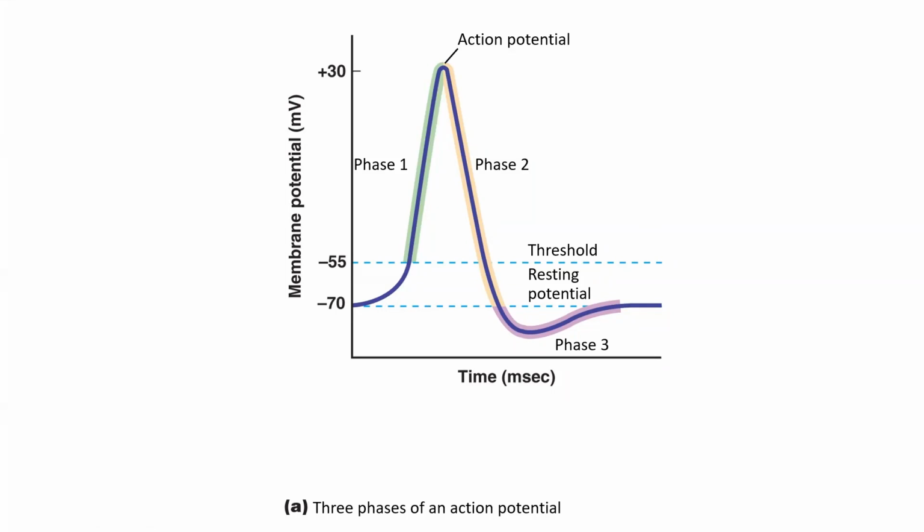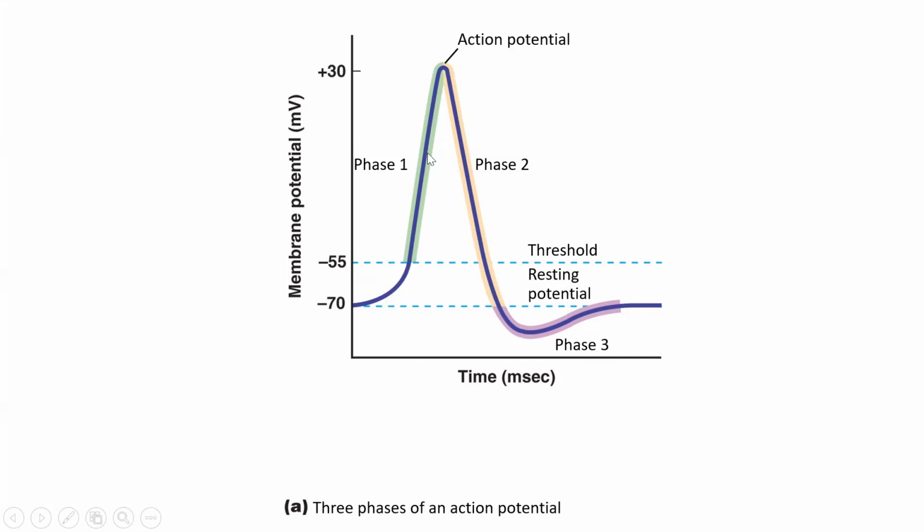So a neuron can generate an action potential, which is where we have a deviation of the membrane potential. And so we can see here that at rest, the cell is at -70, but when we fire an action potential, the membrane potential rapidly becomes more positive and then rapidly becomes more negative.